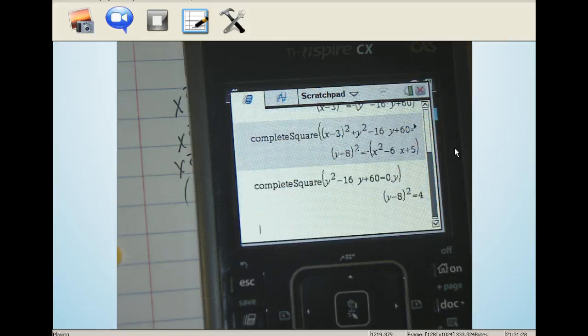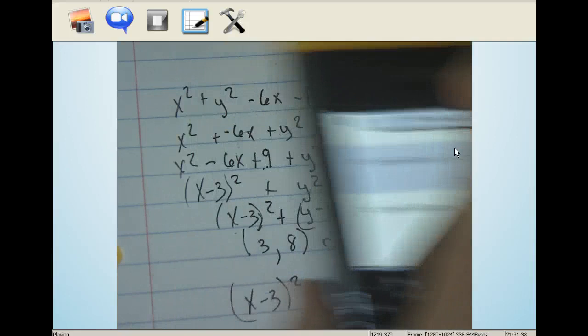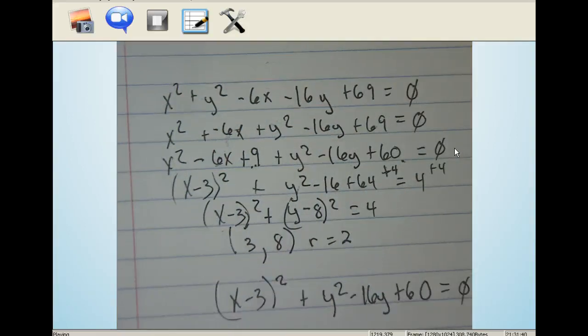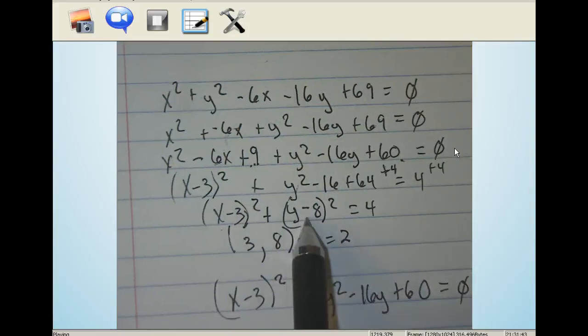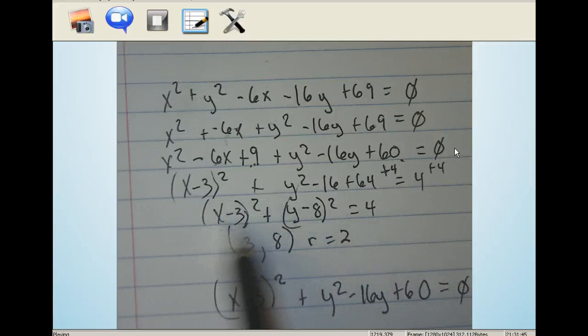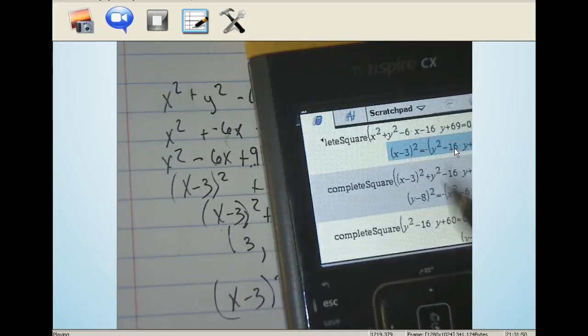And I put in enter here, and now I've got y minus 8 squared equals 4. Okay, equals 4. Now, that's because I added 4 to both sides, right? So my first factored form came in up here that it was x minus 3.